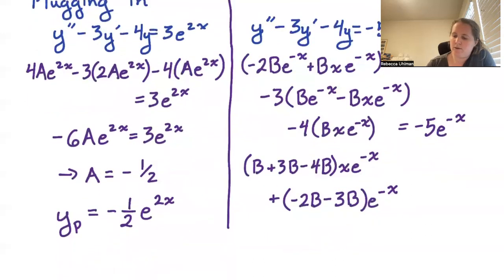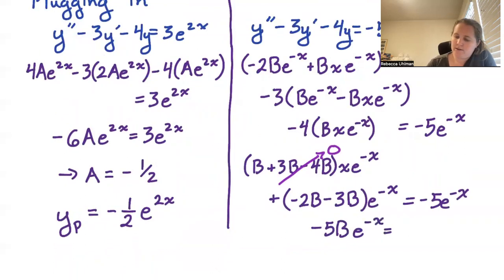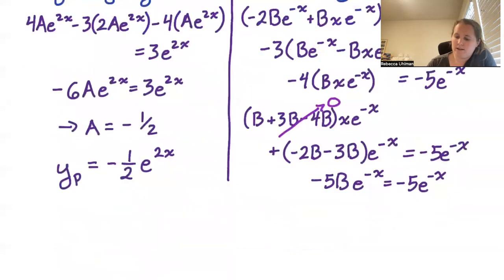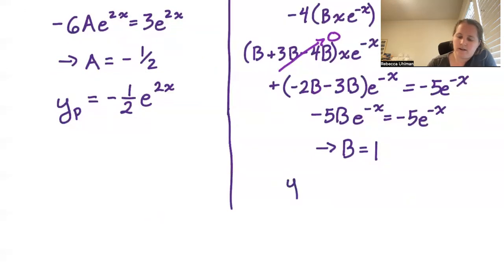And this should all equal negative 5e to the negative x. So again, this first term just cancels out to 0. So we are left with negative 5b e to the negative x is equal to negative 5e to the negative x. And we can take b to be equal to 1. So we get on the right-hand side, our yp is just x e to the negative x.